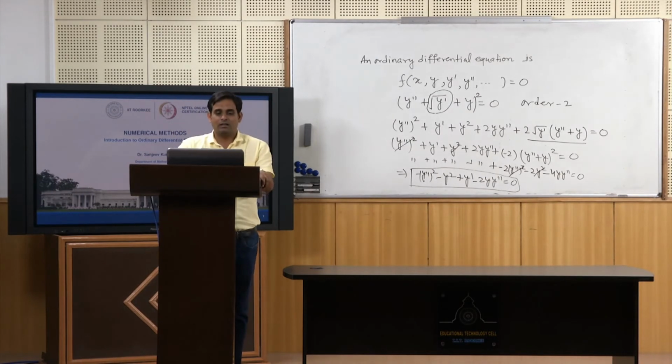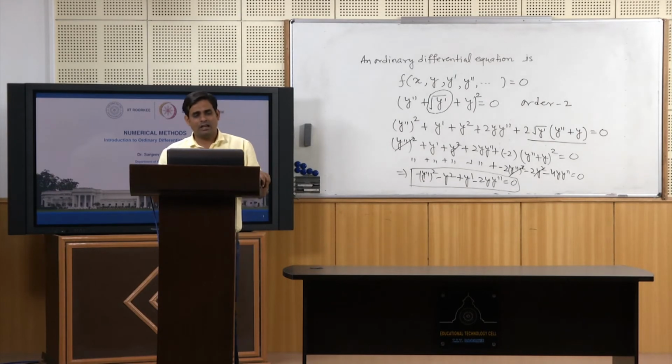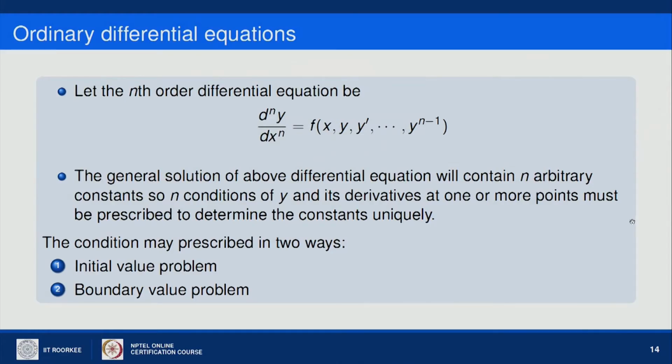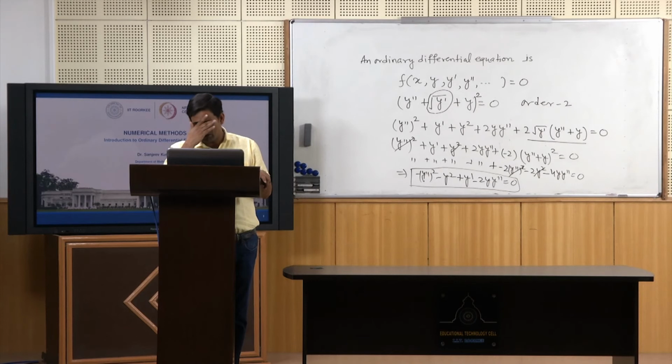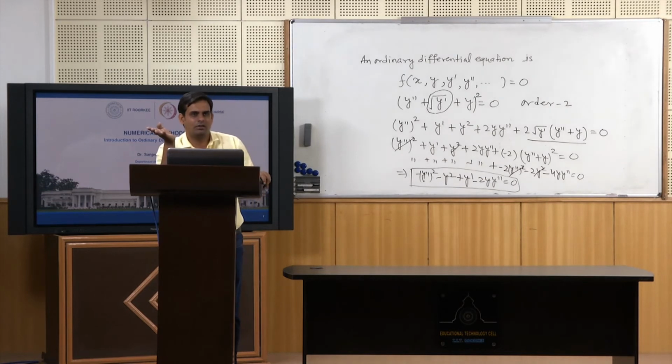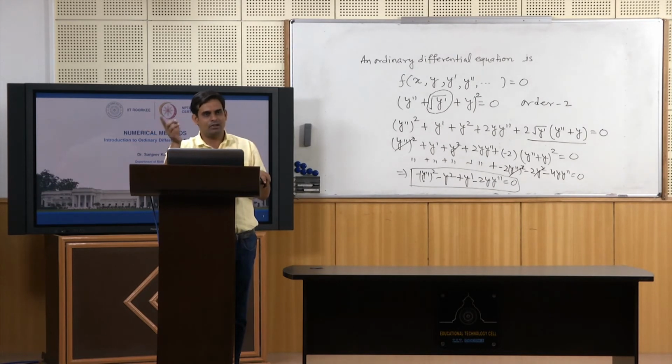So, the solution of any nth order differential equation will contain arbitrary constants. In the population model equation, we had only a first order ODE, and we had only one constant, N naught.